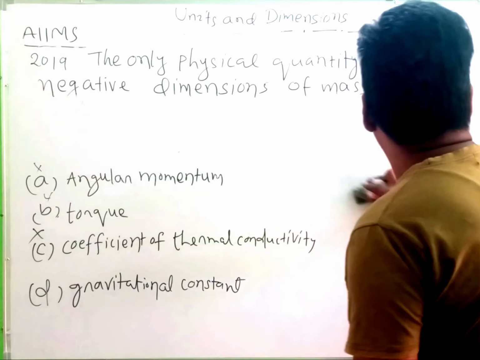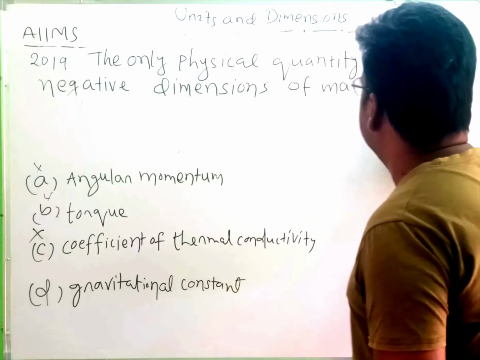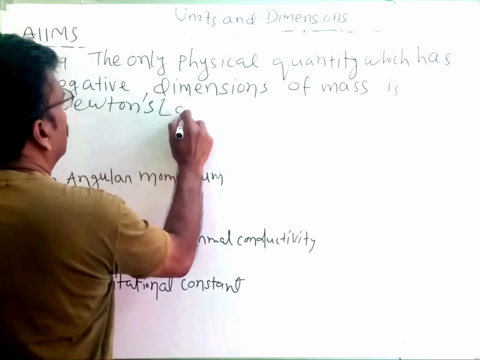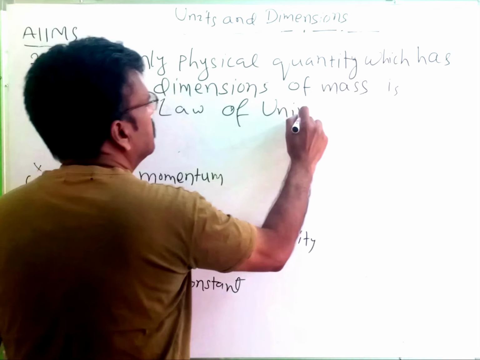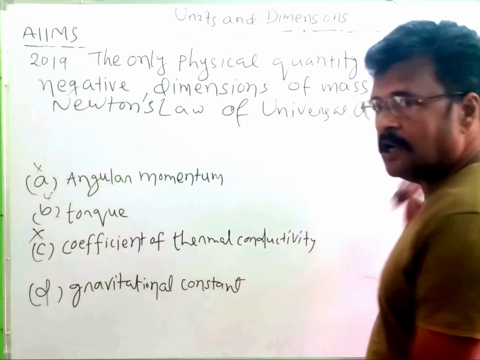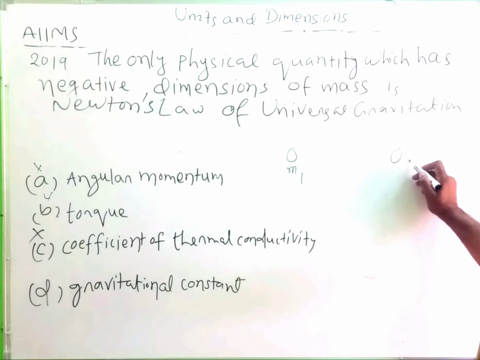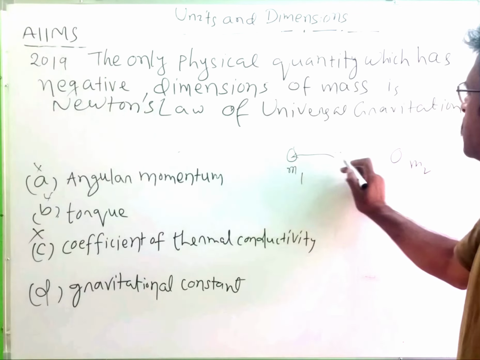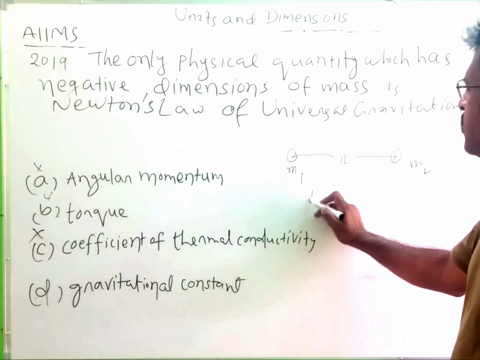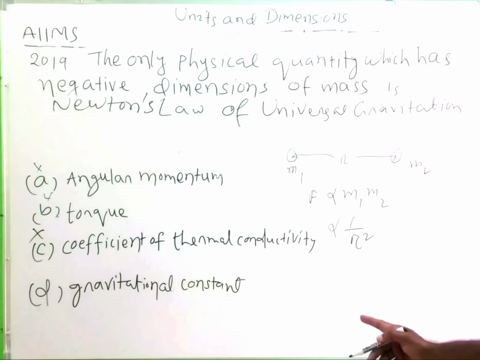And let us find out the dimensional formula for the universal gravitational constant, capital G. Student, we have studied Newton's law of universal gravitation. What does this law state? This law states that if there are two masses m1 and m2, separated by a distance r, then they will attract each other with a force F that is directly proportional to the product of their masses and inversely proportional to the square of the distance between them.